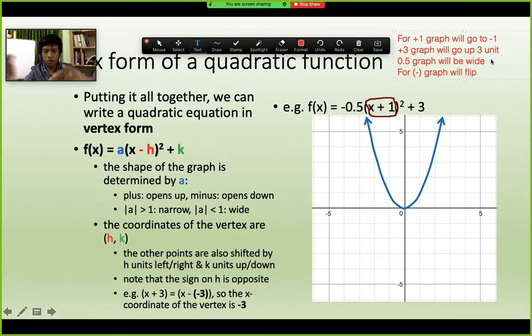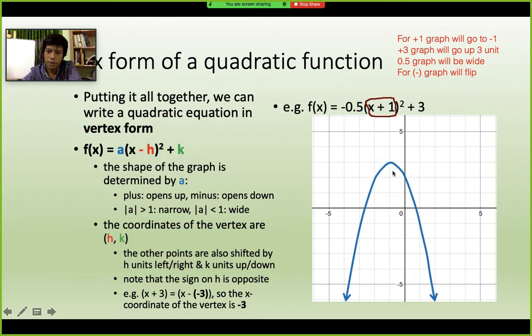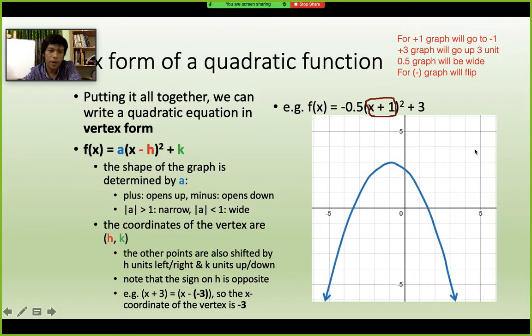That means upside down. So let's see if it is happening. First of all, the graph goes to minus 1. And then the graph goes to plus 3. Then flip. Then 0.5 wide.